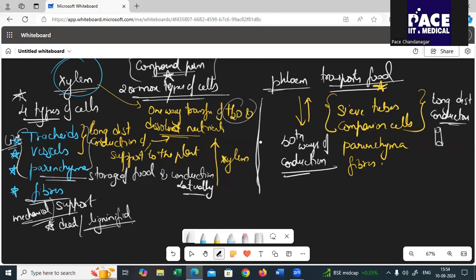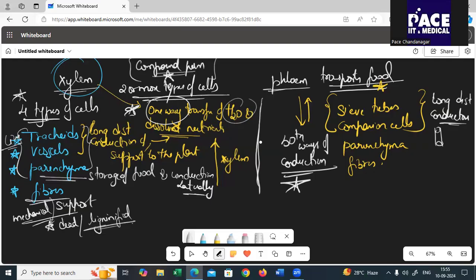Whereas your xylem is only one way of conduction, only from bottom to top, whereas phloem is top to bottom and bottom to top. So it has got sieve tube cells and companion cells, which are tubular in shape and conduct long distance food transport there.